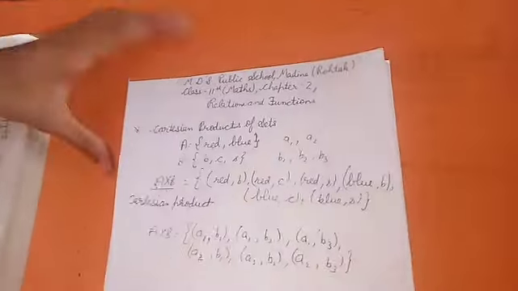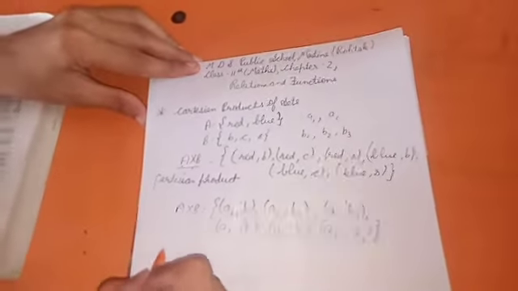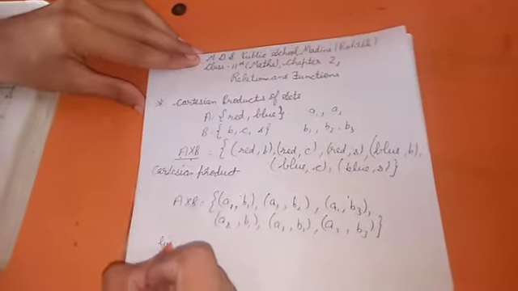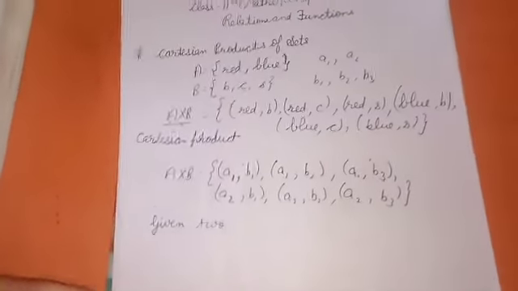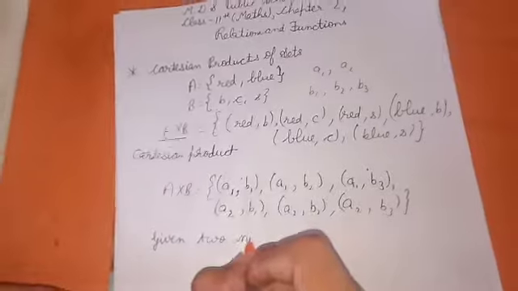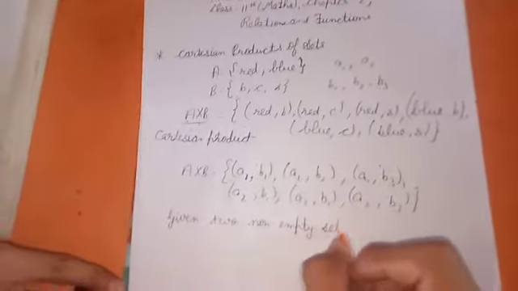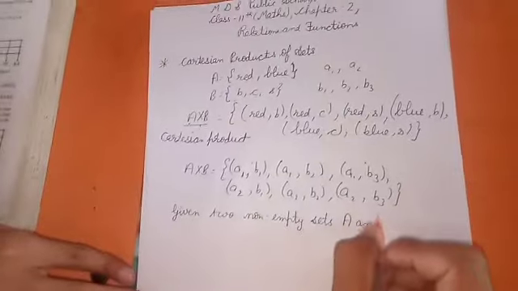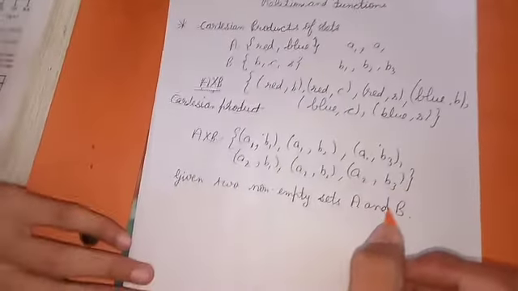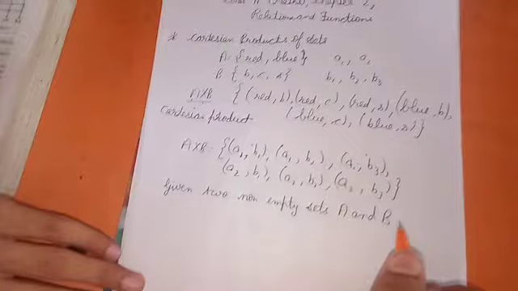If you want to write the definition of this, how will you write it? The definition will be: given non-empty sets A and B. Non-empty sets means there is at least one element in both of them.